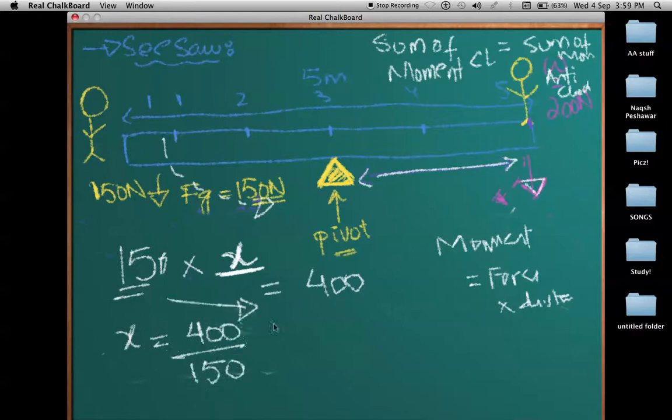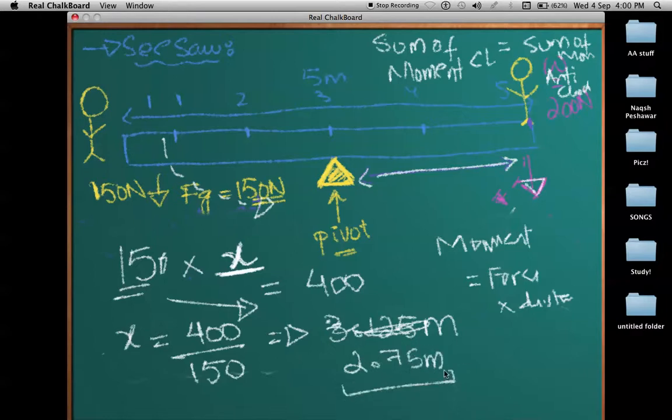If you just solve it, you would find out that it would be something around 2.75 meters. I don't have a calculator right now, but if you just calculate it, this would be around 2.75 meters.